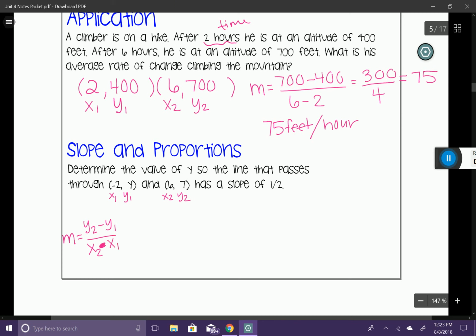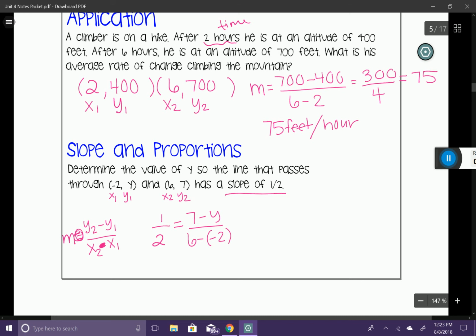Oops. Now you can see that the slope is equal to this formula. Well, don't they give me a slope? So really, can I say this? 1/2 is equal to, and then do my slope formula: 7 minus y divided by 6 minus negative 2.